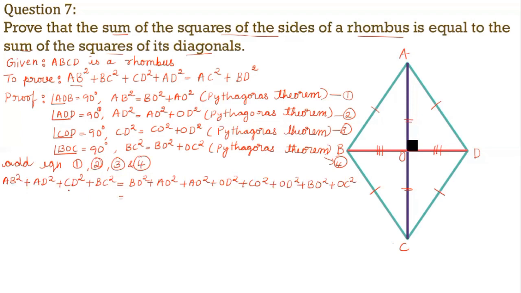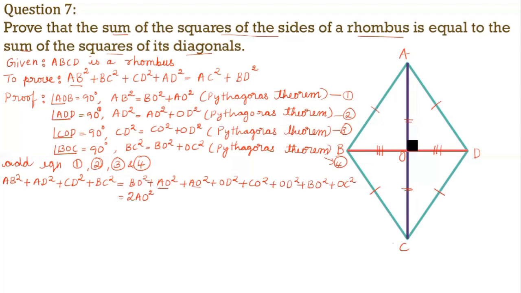Now here we got left hand side of the equation that we have to prove. Now we have to change the right hand side. We want AC square plus BD square on the right hand side. Let us simplify the right hand side.